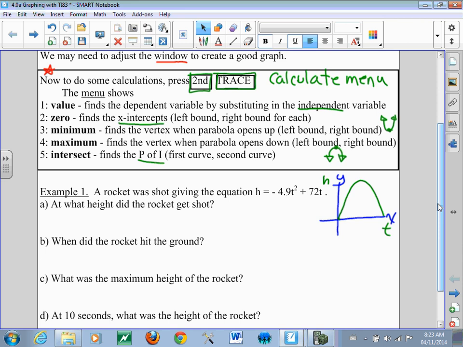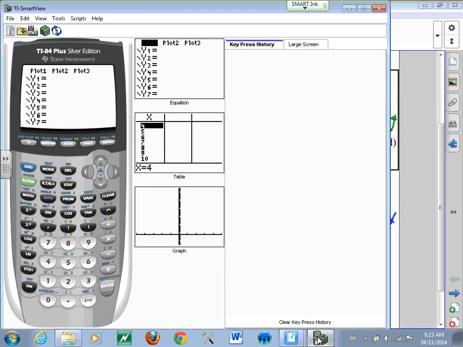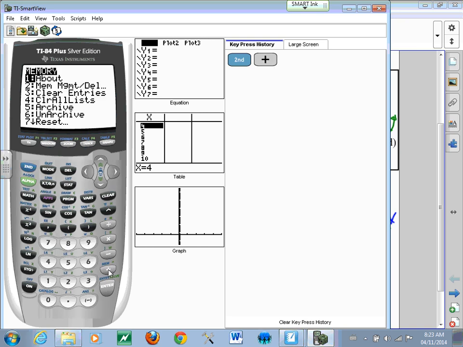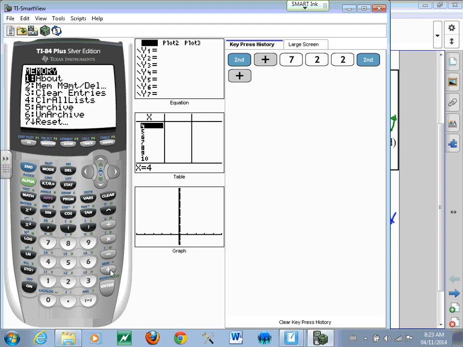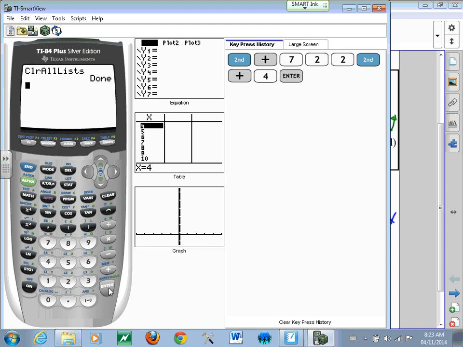I apologize for having to flip back and forth, but we're going to go to the graphing calculator. I'm going to do the reset button, so I'm going to go second function, plus sign, 7, 2, 2. It should say default set. I'm going to go second function, plus sign, 4, enter. It's going to say done. I'm then going to go to y equals and make sure I have no equations in there.